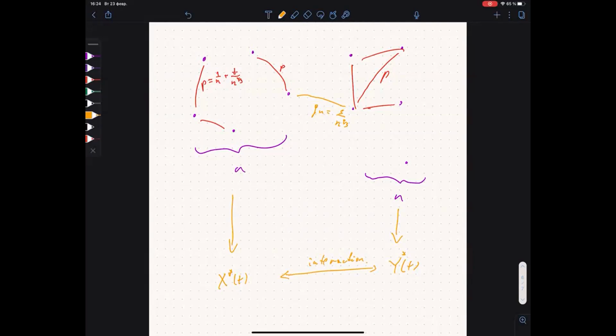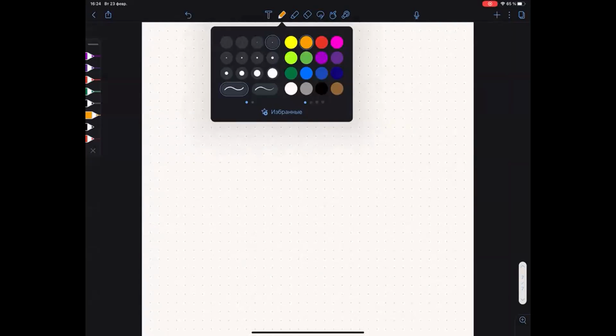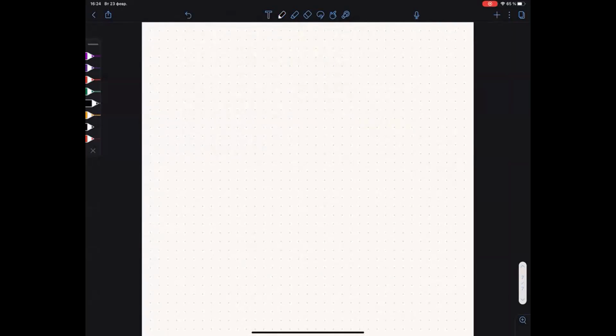Let me describe the type of interaction and formulate the main result. Restricted multiplicative merging, or shortly RMM. Let's define the following random map. First of all, we fix s.